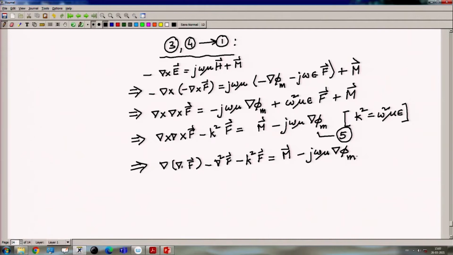Now, curl of F was specified by equation number 3. We are yet free to choose divergence of F. So, now we will choose divergence of F accordingly such that this term and this term neatly cancel out.